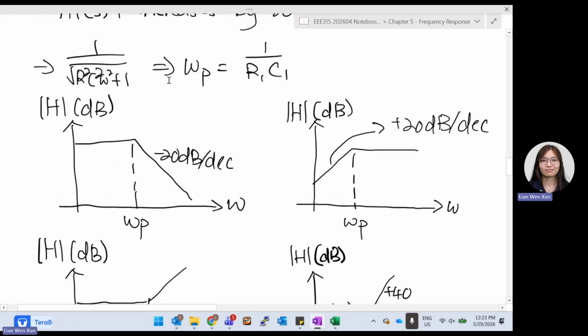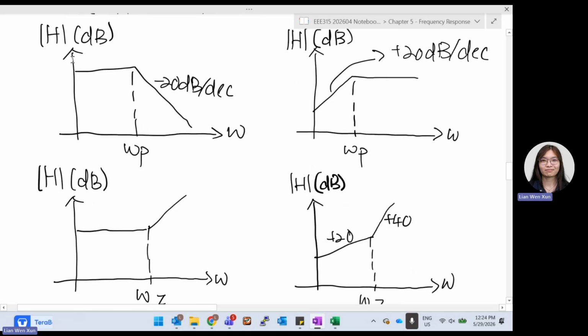We do not know how to find poles and zeros from the circuit yet, but we will figure it out next class. Let's just assume that we found a pole. The circuit will have this characteristic: it will go steady, and then it will drop by negative 20 dB per decade once it sees the pole.